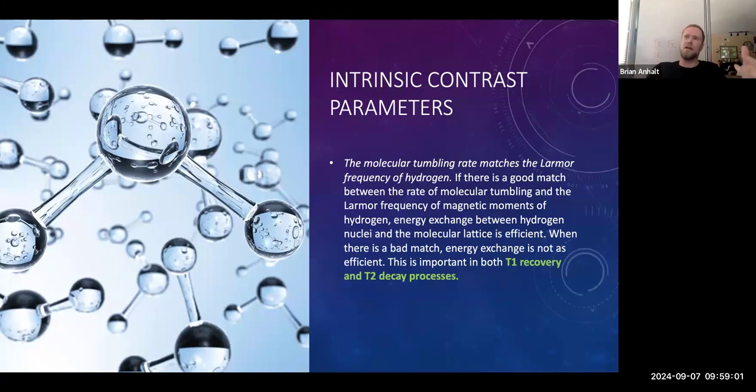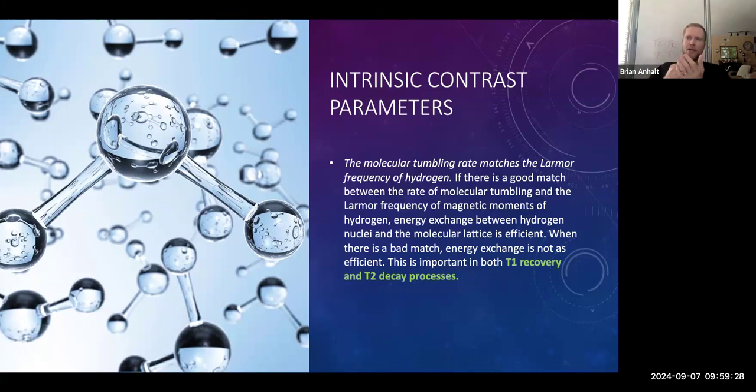Right? Remember, think about it kind of like resonance on a different level. Remember, resonance is energy transfer between two similar oscillating systems, right? If they have the same frequency, we can efficiently transfer energy between them. So there's a good match between the molecular tumbling rate, which you can think about as just the vibration of the entire molecule itself, and the Larmor frequency. Then there's efficient transfer of energy between hydrogen nuclei and the molecular lattice.